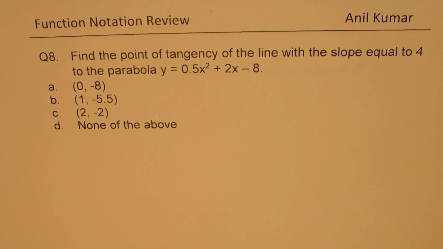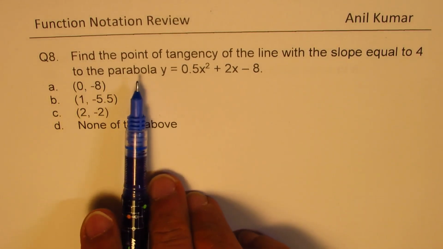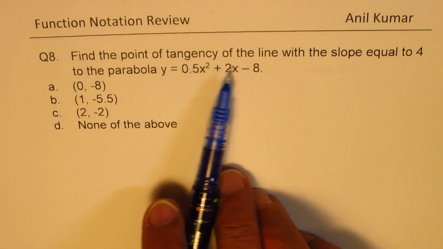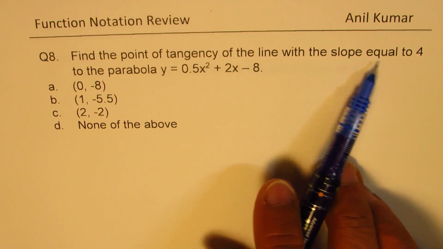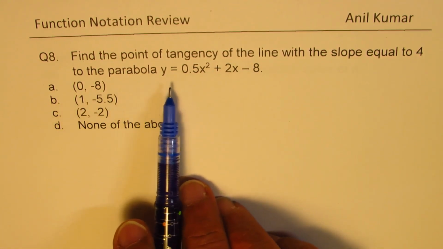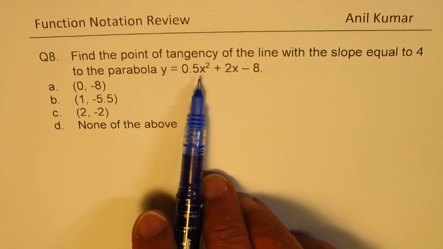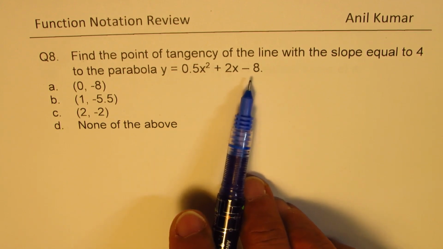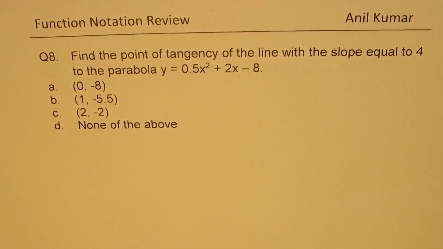The question here is, find the point of tangency of the line with the slope equal to 4 to the parabola y equals half x squared plus 2x minus 8. Now 4 points are given to you to test it out. You can always pause the video, answer this question, and then look into my suggestions.